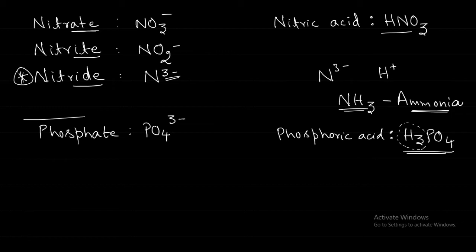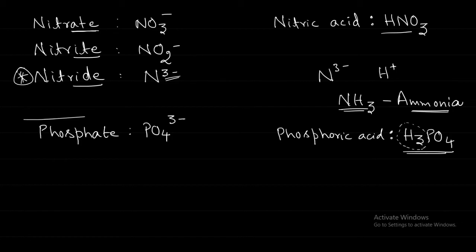Similarly, we have halogens. Halogens means those which come from the ocean, they are salty, like chlorine. From chlorine we get chloride. Here it is all about ide, chloride.